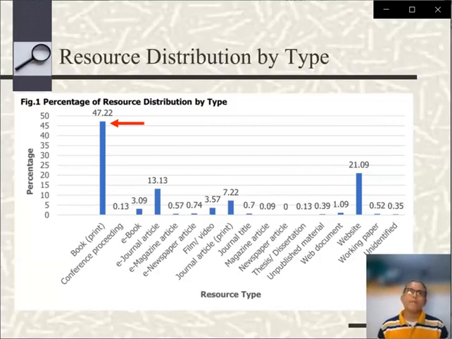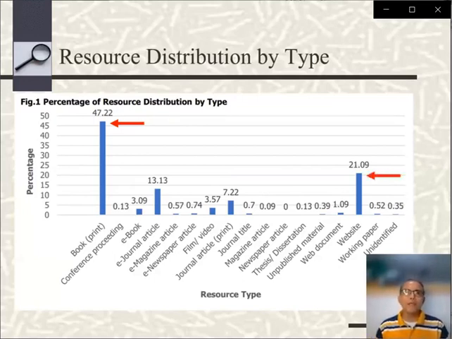True enough, 244 out of 247 or 98.79% of the course syllabi listed websites in their resources. The other 3 or 0.81% syllabi did not list references at all.